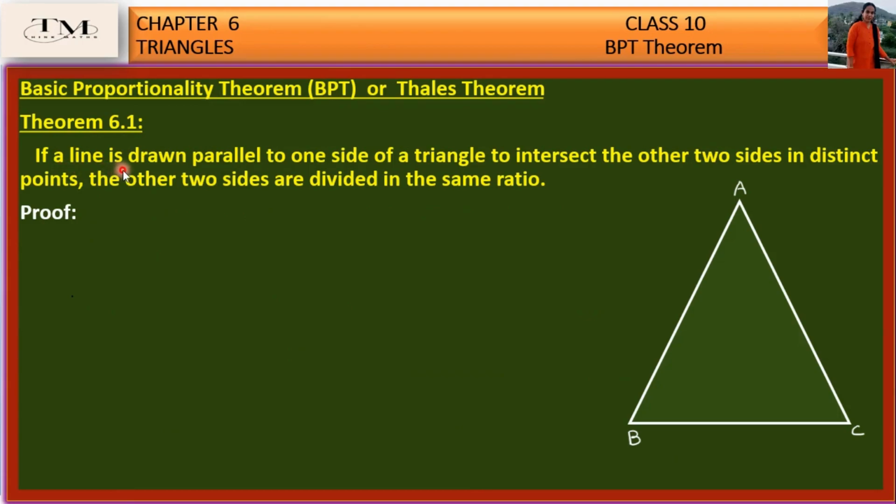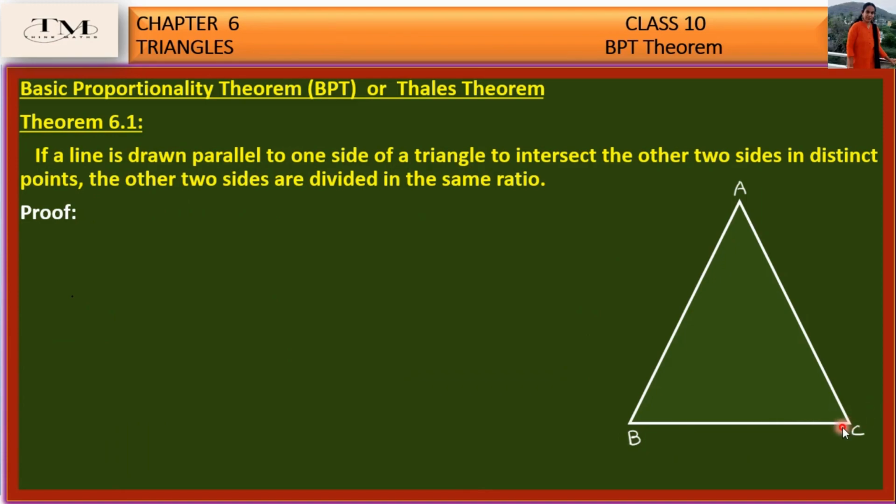If a line is drawn parallel to one side of a triangle to intersect the other two sides in distinct points, then the other two sides are divided in the same ratio. So, here what is given? We have to draw a line parallel to one side of a triangle. Let me take the side BC.